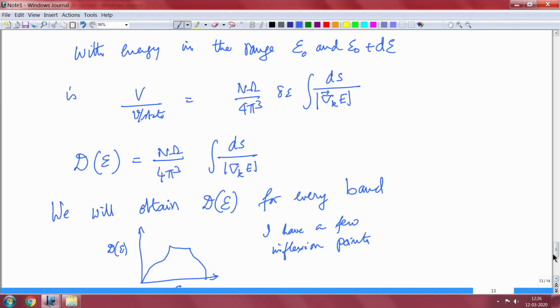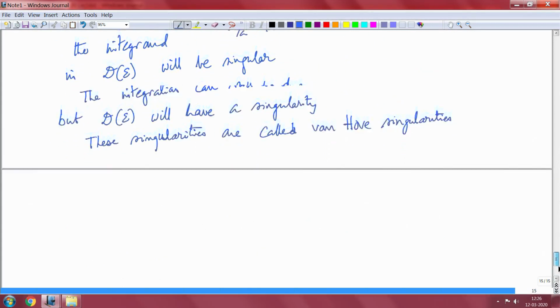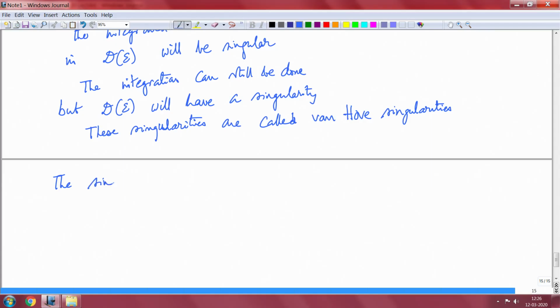And one knows what kind of singularities exist in 2 dimensions or in 3 dimensions. So, you know the number of singularities that can exist, and you also know the type of singularities that have to exist and what happens at the band edges. For example, it is known that the singularities at band edges should be something like this.